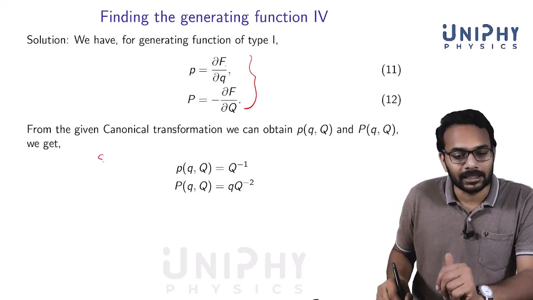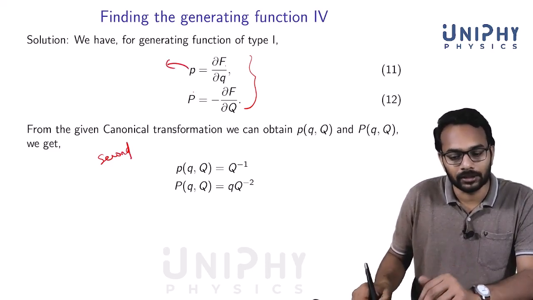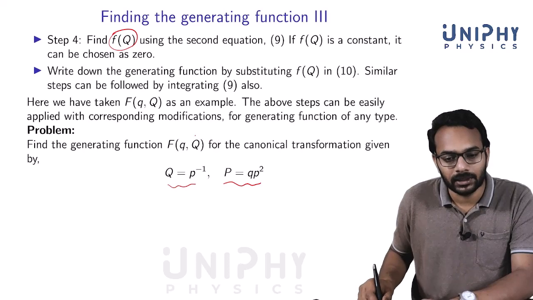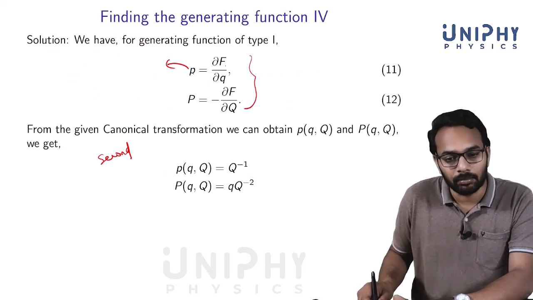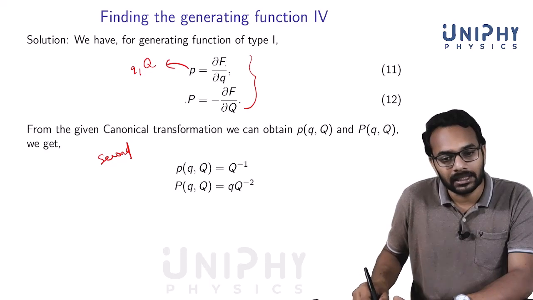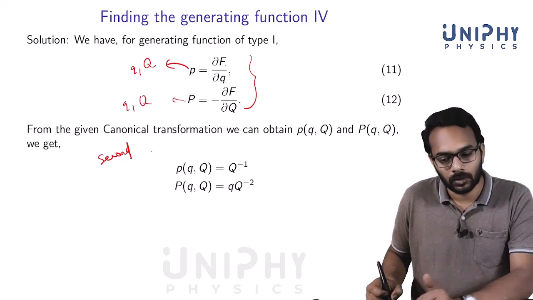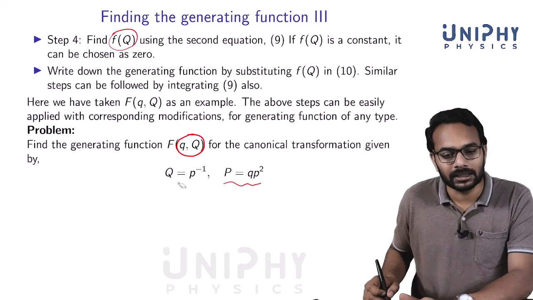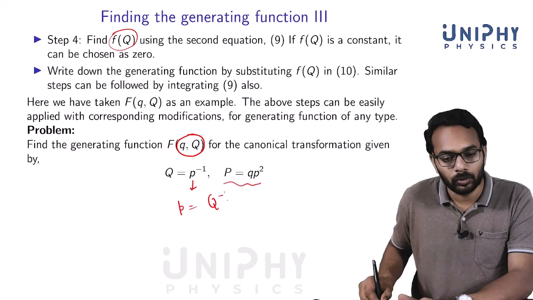Now, what's the second step? The second step is to write small p as a function of, what's the generating function you need to find? You need to find the generating function as a function of small q and capital Q. So the next step is to find small p as a function of small q and capital Q. Similarly, capital P as a function of small q and capital Q. So that's what we need. You look at the transformation equations. From here you see that p is equal to Q inverse.